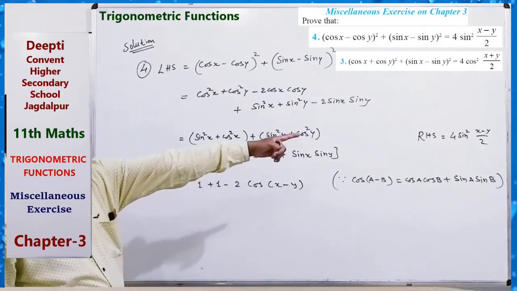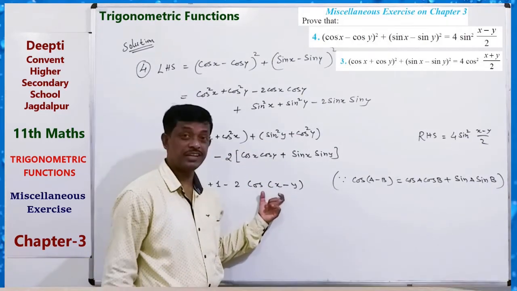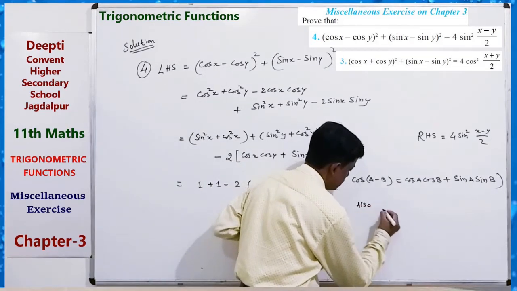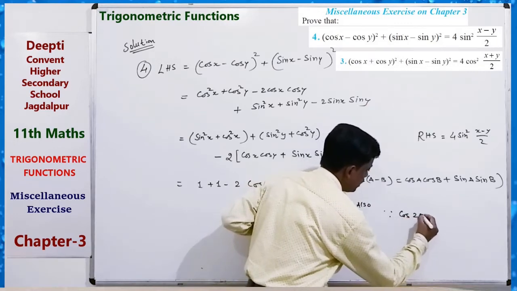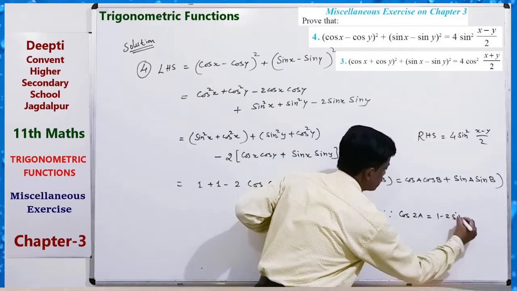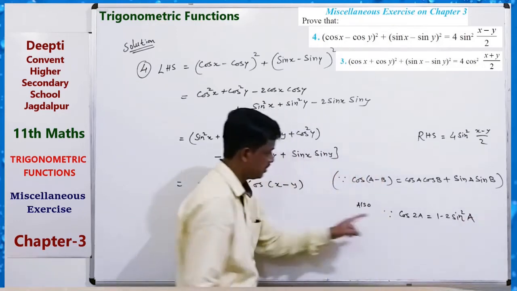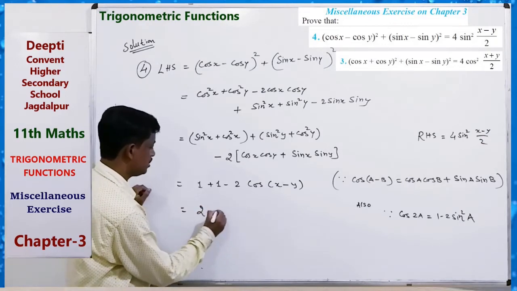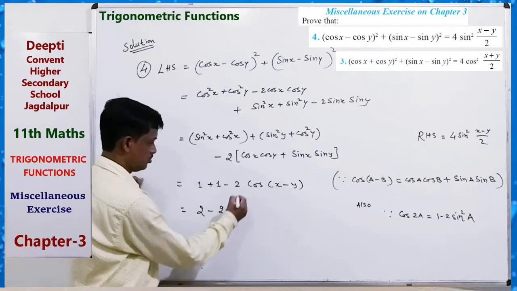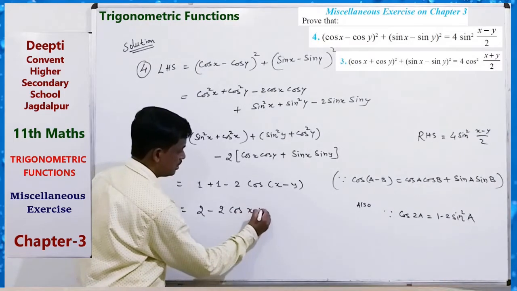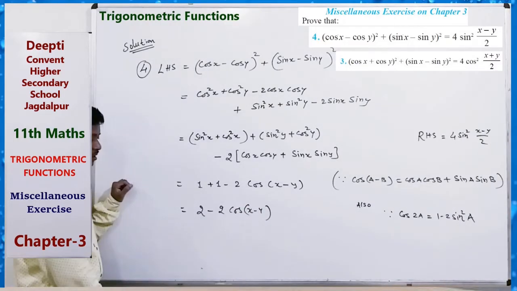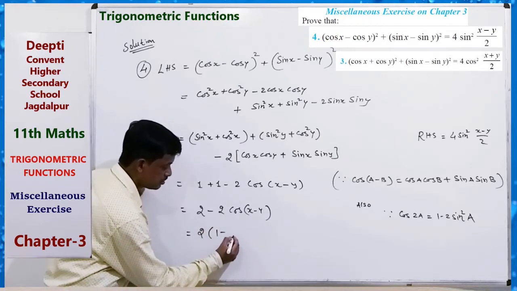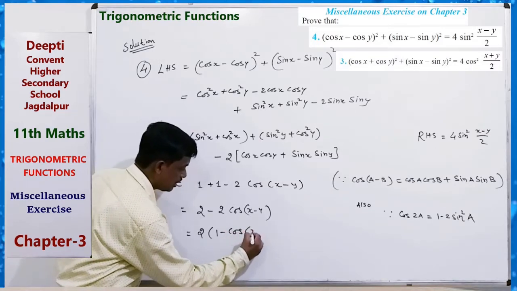Now our target is to get sin square theta from cos theta. How? Since cos 2a equals 1 minus 2 sin square a, we can write 2 minus 2 cos of (x minus y), that is 2 common, 1 minus cos of (x minus y).